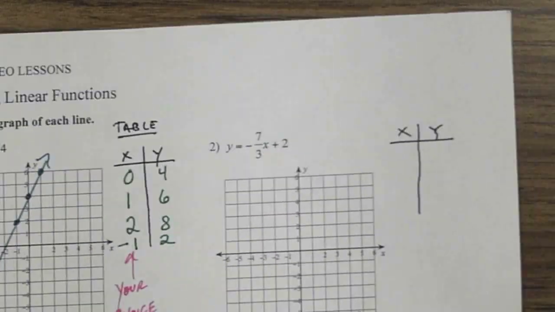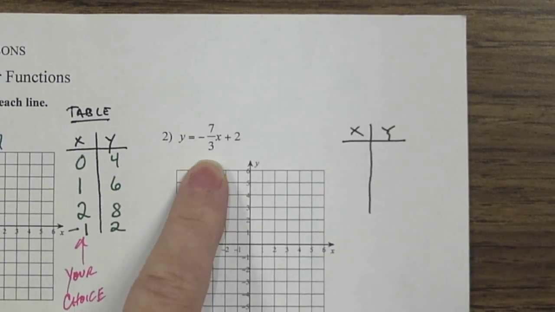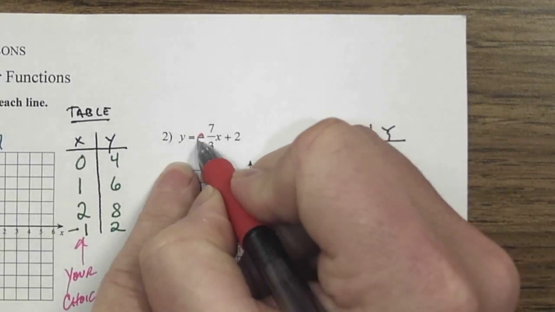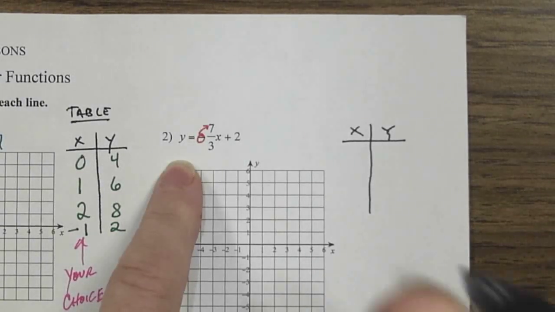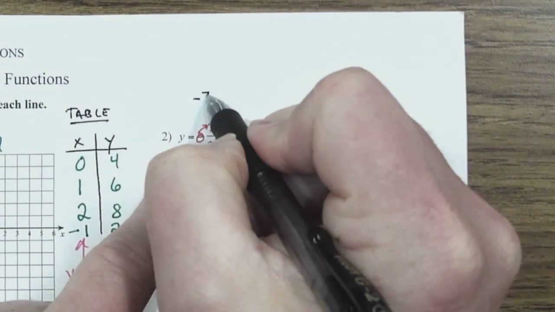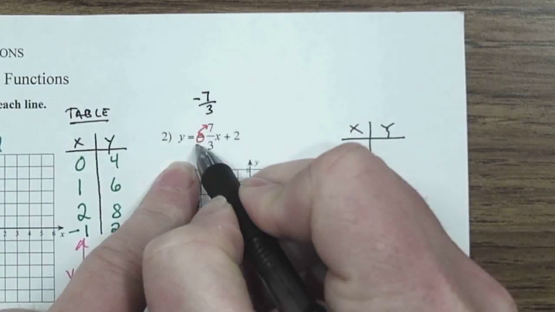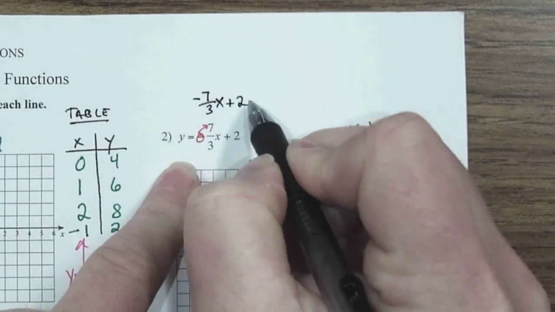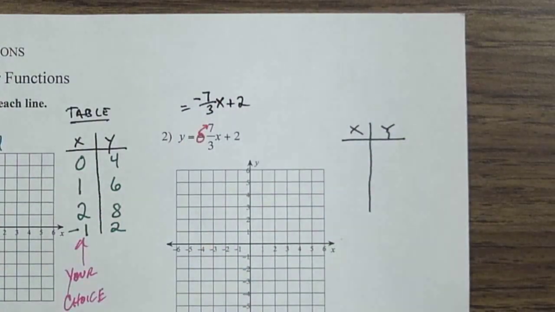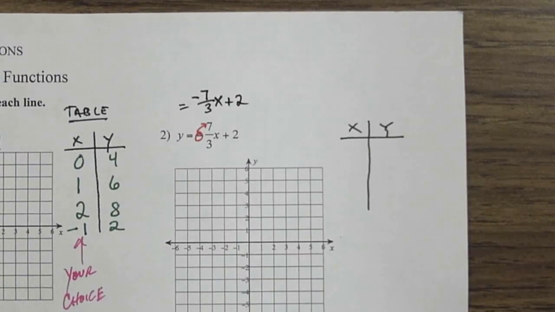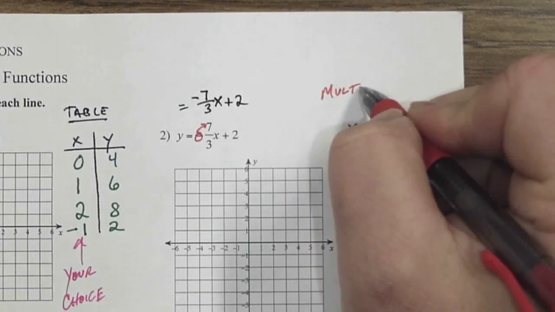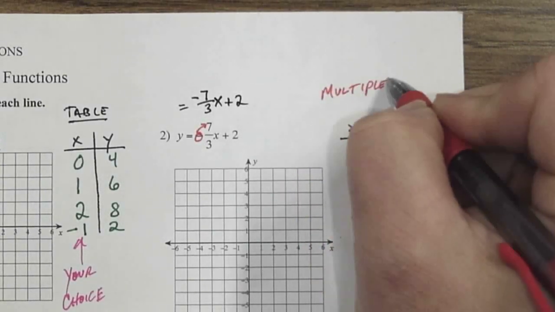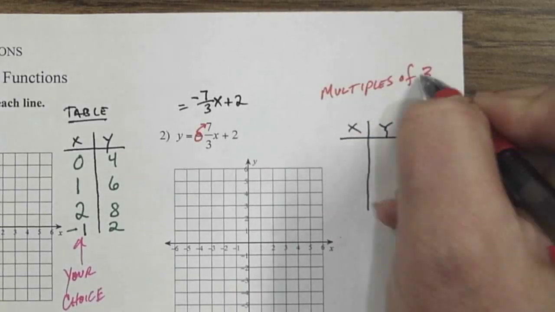Now, try another one. Again, that negative sign, I'm going to let it be part of the 7. Let me write it again above. I like -7 over 3 rather than the negative out in front. It doesn't make too much difference, but I like to know what that negative is part of. In this case, because of the denominator, I want to choose multiples of 3.